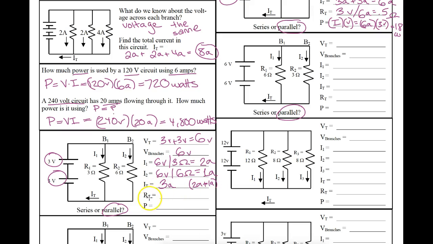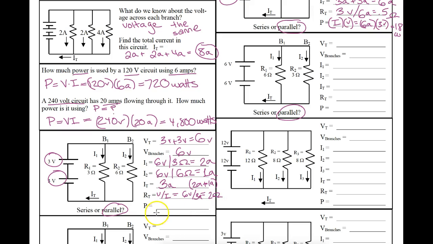And then your resistance total is where you take your voltage across the entire thing and your current total, and it's basically voltage divided by current. So it's going to be 6 volts divided by 3 amps equals 2 ohms.